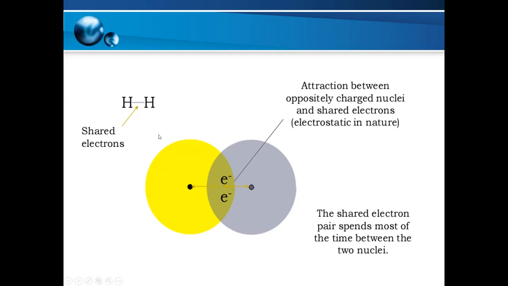So if you have a hydrogen molecule, it forms when a hydrogen atom shares its 1 valence electron with another hydrogen atom. So here it will form covalent bonding. The attraction between oppositely charged nuclei and shared electrons is electrostatic in nature. The shared electron pairs spend most of the time between the 2 nuclei.